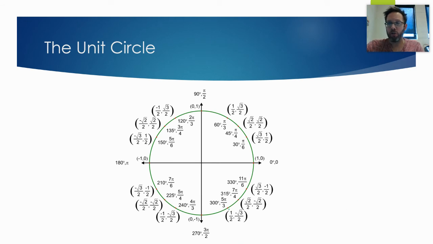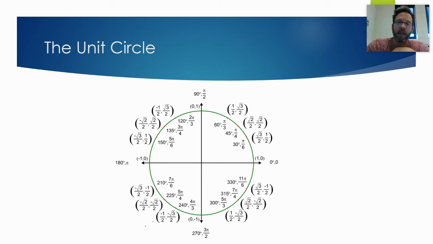A very nice tool to have, maybe print off, find one you like online, is something like this, where it shows you all of the critical angles, 0, 90, 180, 270, as well as what they are in radians, 0, pi by 2, pi, and 3 pi by 2. And it shows 30, 45, 60, and all of the angles related to those.